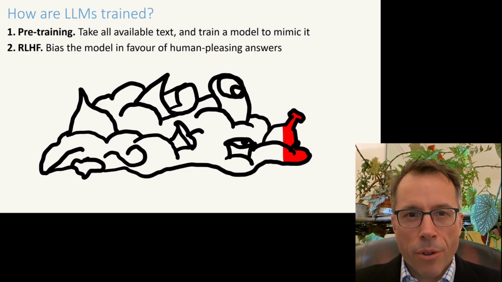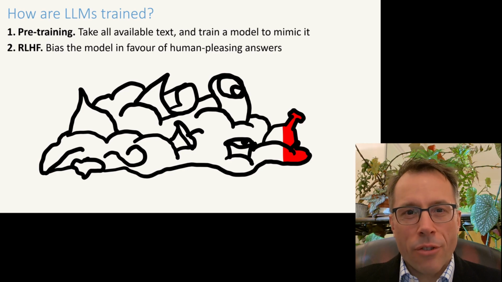Now, think what happens if we take a cross-section of human nature and we select for people who give the answers that we want to hear. What do we get? Some experts, perhaps, and a whole load of psychopaths and liars. That's what RLHF is enriching for, and it's why LLMs, at least with current training, are unfaithful interpreters.